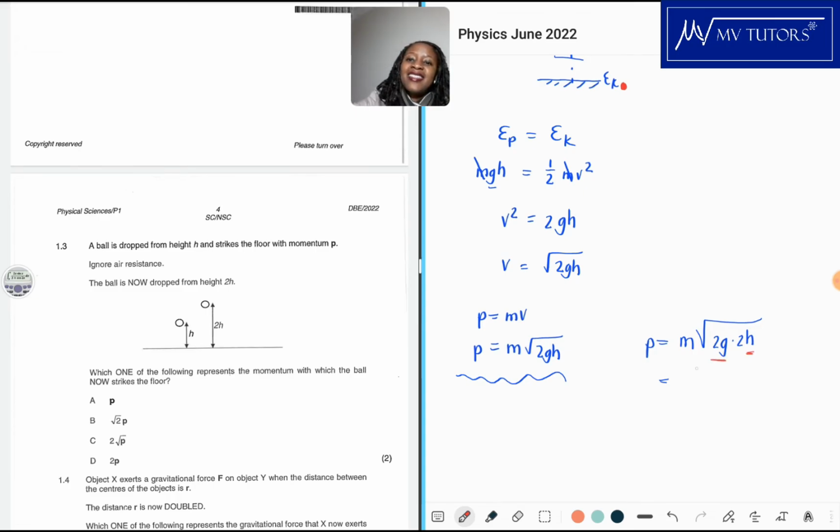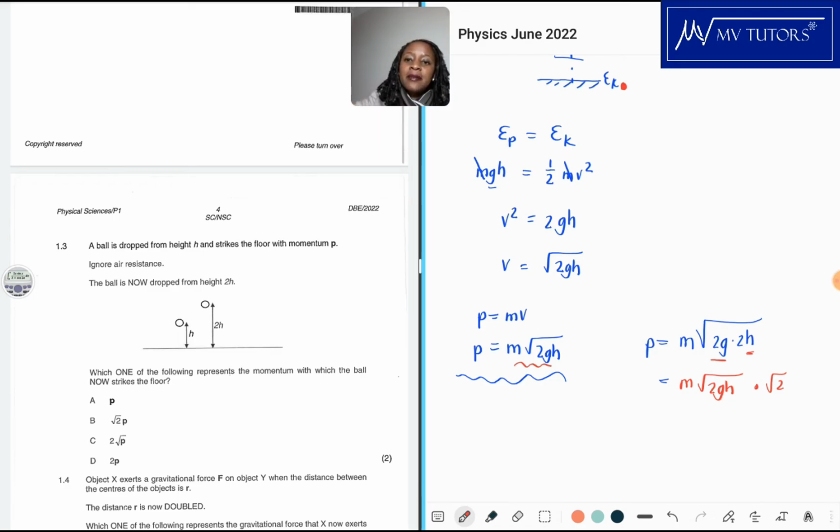Okay, and then basically I would have the m and then square root 2gh, which is similar to what I have here on the left, and then I multiplied by root 2 because that's basically what's left. Remember, if you have root of something times root of something, you can put it all under big square root and multiply them inside. This is just algebra now.